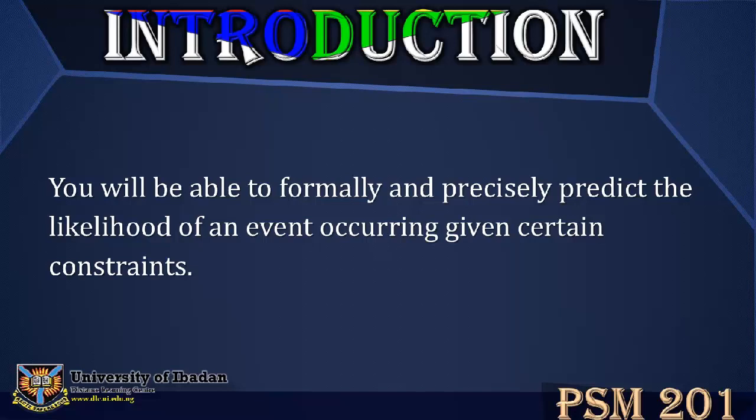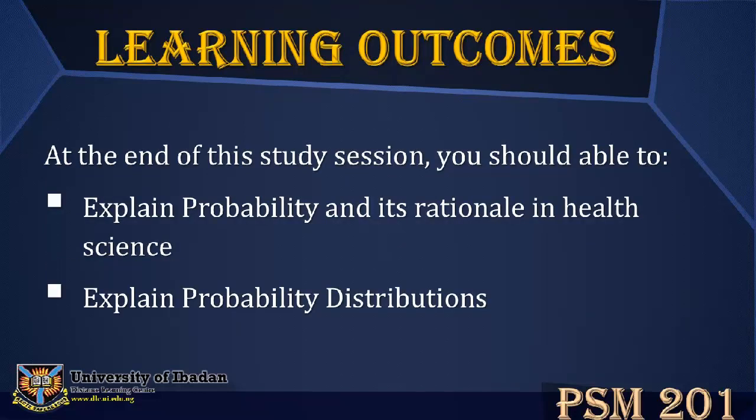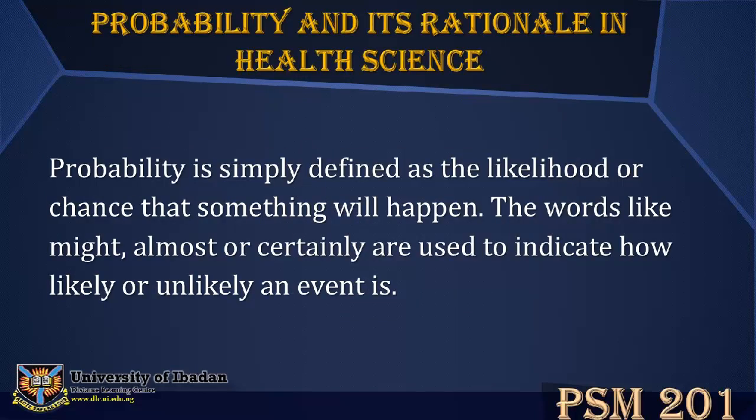But after this section, you will be able to formally and precisely predict the likelihood of an event occurring given certain constraints. At the end of this study section, you should be able to explain probability and its rationale in health science, and explain probability distributions.